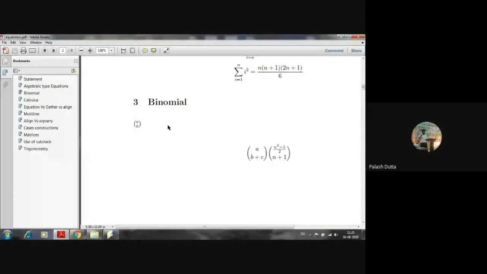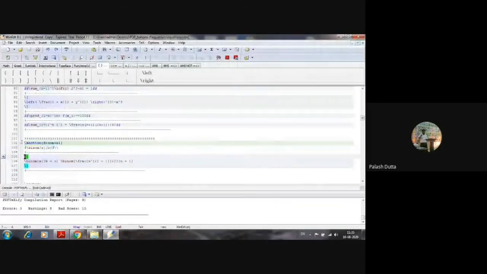Here you can see a C b plus c, meaning combination a to b plus c, then it is n square minus 1 to 2n plus 1, right? So for this expression, we use this symbol, that's why the expression is occurring in the middle, in the center, right? Or double dollar, you can use double dollar, so no problem.